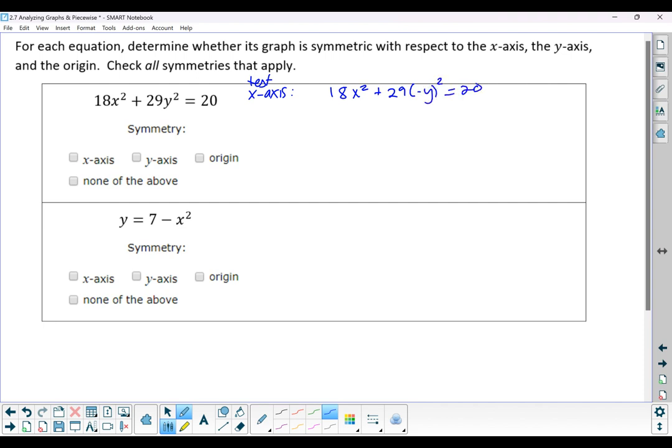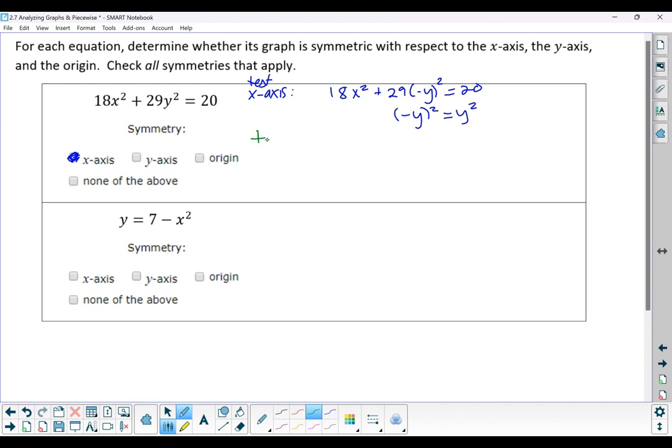And because that negative y is being squared, essentially it's the same as if it was a regular y squared. So this equation would remain the same. It would still be 18x squared plus 29y squared equals 20. So this one does have x-axis symmetry.